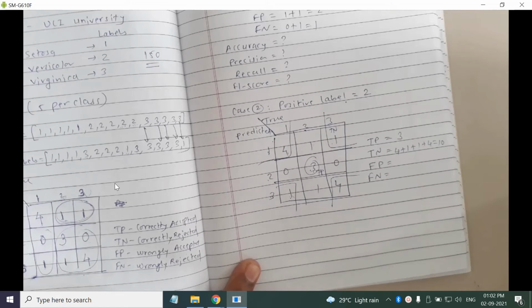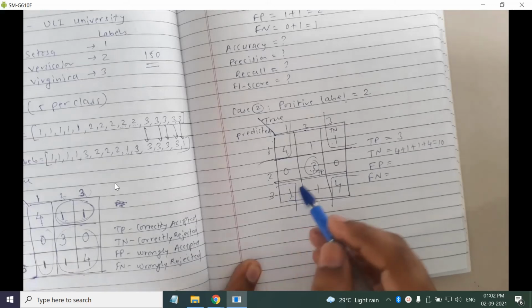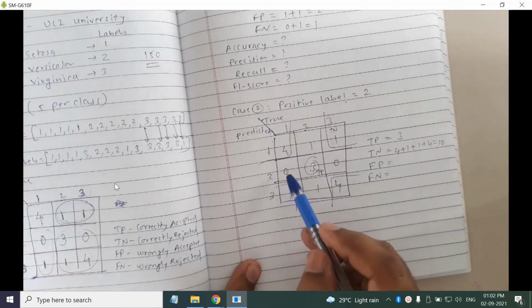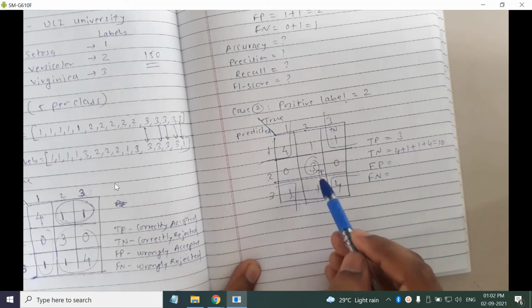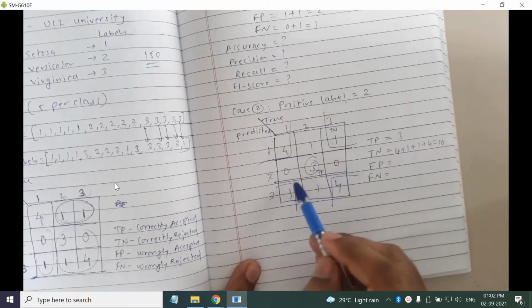False positive would be 0. Any other answer? So earlier I said false positive will be on the same row, right? So जहाँ पे TP रहेगा उसी रो में FP रहेगा.